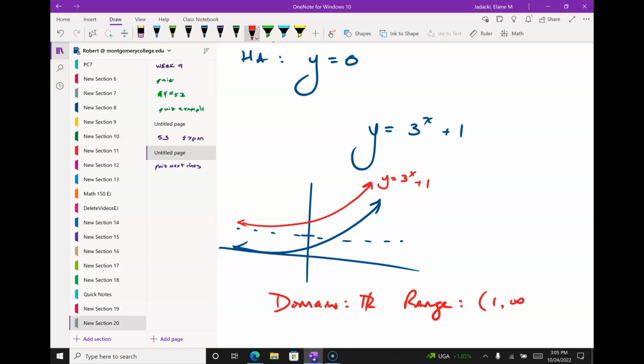Nice, 1 to infinity. And what's the horizontal asymptote? Y equals 1, right? It took that whole thing and moved it up 1. All I'm asking is what height is it getting really close to, but never getting there? Yep. That would be the horizontal asymptote.